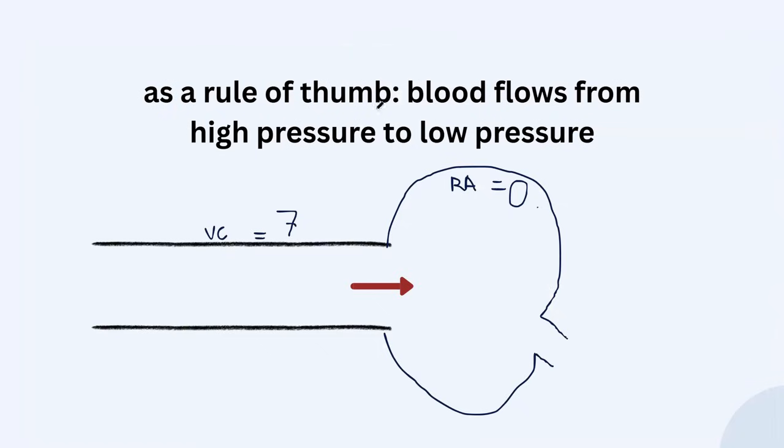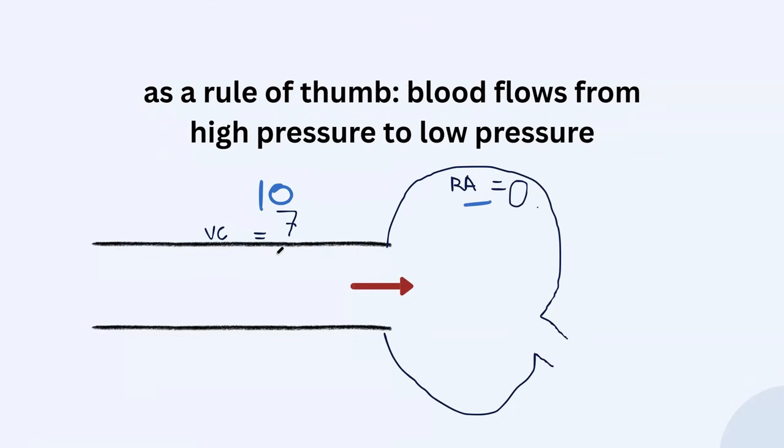As a rule of thumb, blood is going to flow from high pressure to low pressure. So if right atrial pressure is 0 and vena cava 7, it's going to flow from 7 to 0. What happens if I increase the vena cava pressure to 10 and right atrial pressure remains 0? This means that we have a greater pressure difference, a greater pressure gradient. That means there's going to be more blood flow from the vena cava to the right atrium.